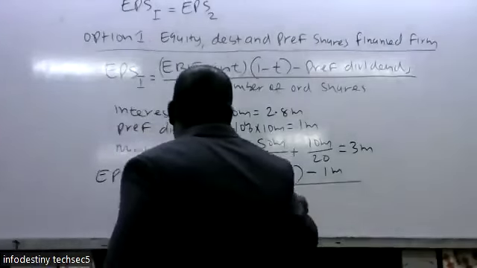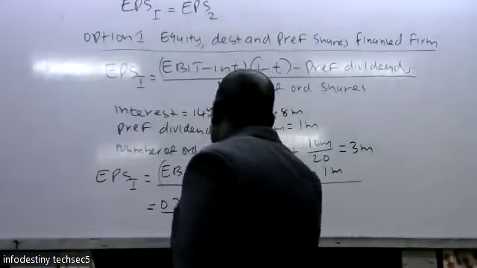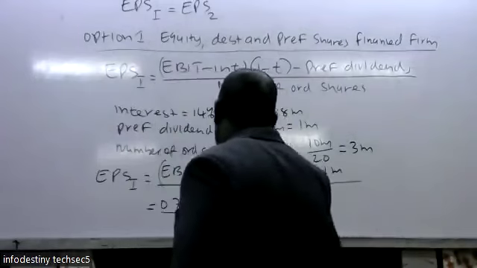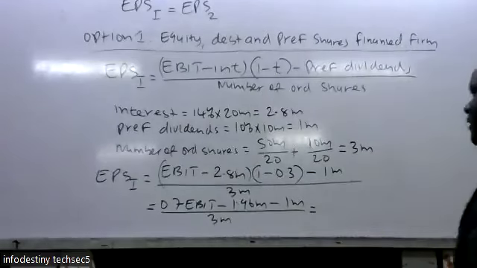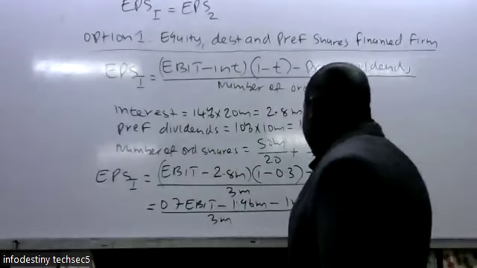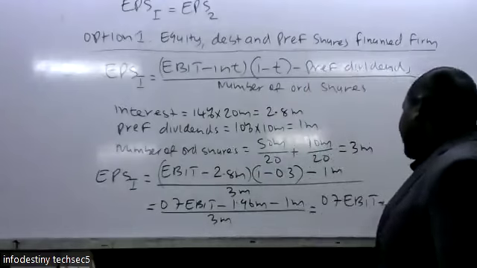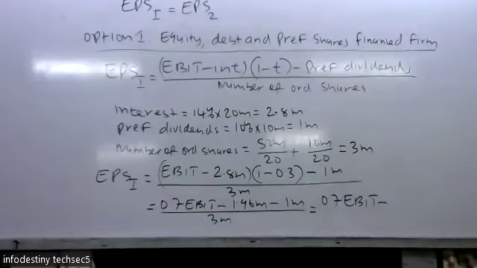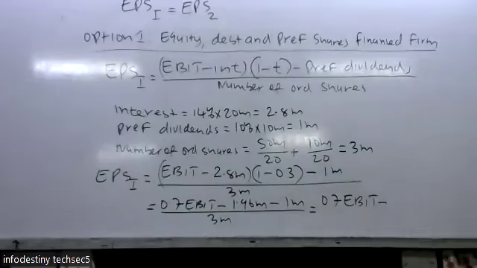Then we also subtract 1 million. Then we divide by 3. So finally, it will be 0.7 earnings before interest and tax, then we subtract 1.96 minus 1 million. It is minus and minus. So it will finally give us which one?